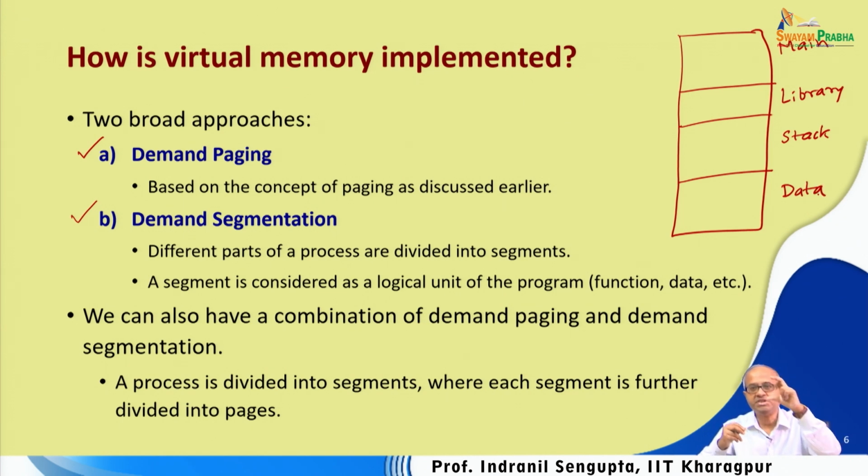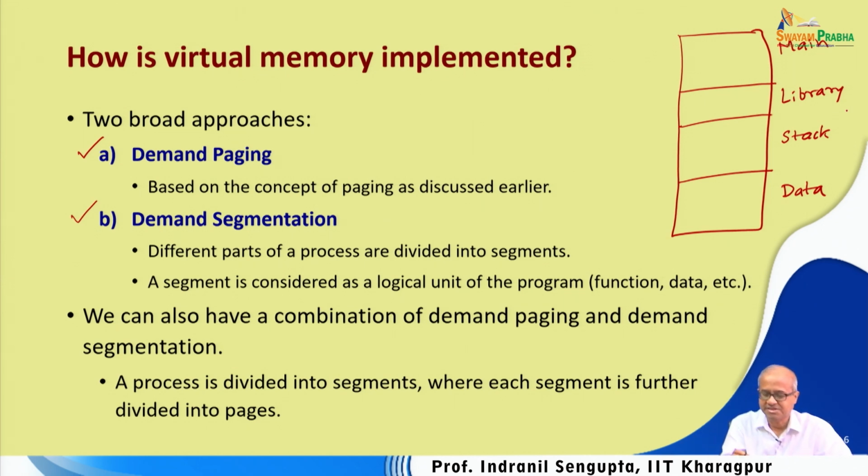These are logical parts of your program which you can understand, but pages are just equal size chunks. Segment means the logical groups or entities that constitute a program, and demand segmentation is something similar. You load the segments on demand. So, whenever some library function is called, only load that library function at that time.